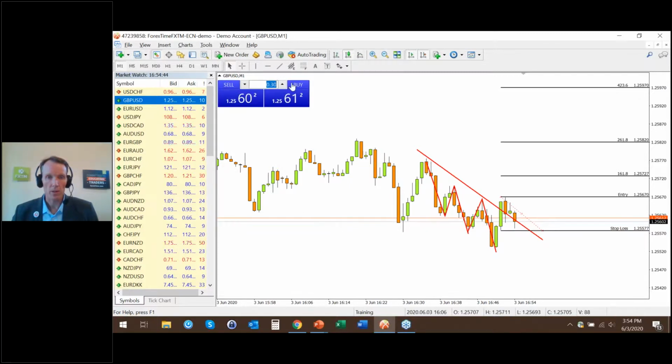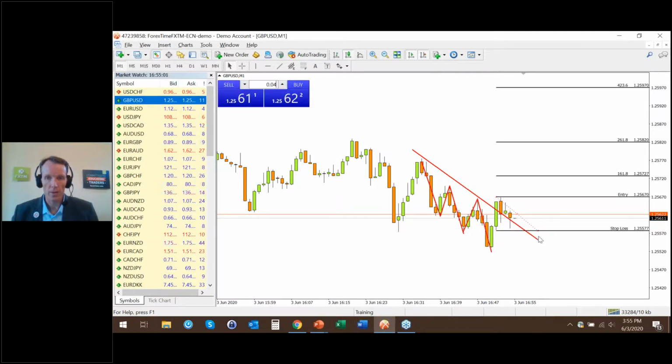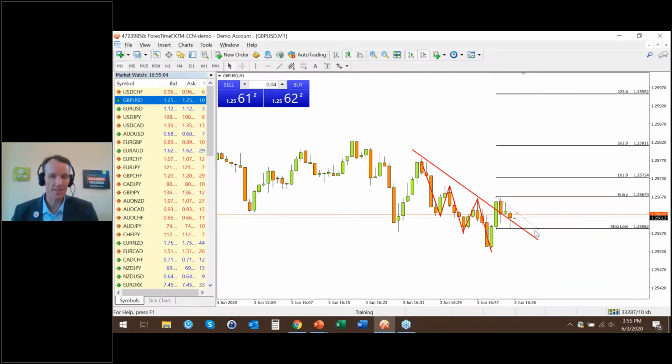When we practice the 1 minute exercise, we use minimum lots. I use 0.04 because I'm going to take half my profit there, and then a quarter, and then a quarter. Let's see, it's got a couple of minutes left.